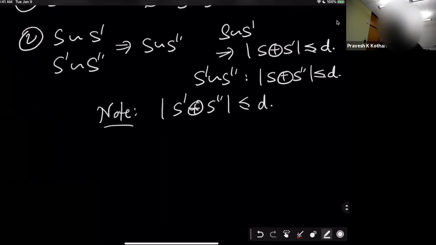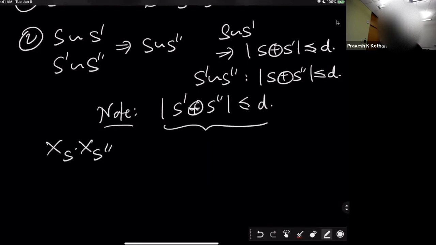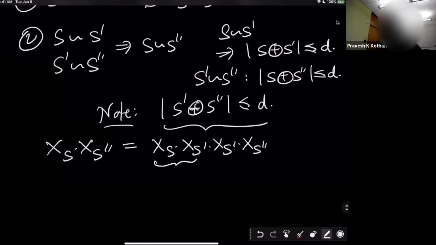Let's maybe be even more careful. Now I have to prove that the product of these monomials was given a non-zero value in the set of derivations, and this is true because I gave non-zero values to XS times XS prime, and I gave non-zero values to XS prime times XS double prime.